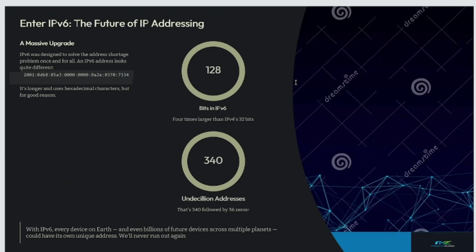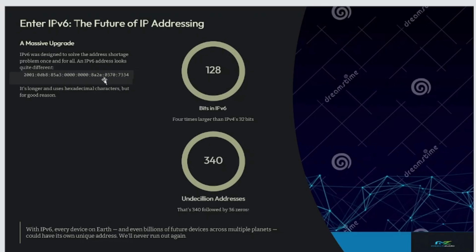That's where IPv6 comes in. IPv6 is the newer version of IP addressing designed to solve the shortage problem. An IPv6 address looks like this. Yeah, it looks longer, and it is. IPv6 uses 128 bits compared to IPv4's 32 bits.